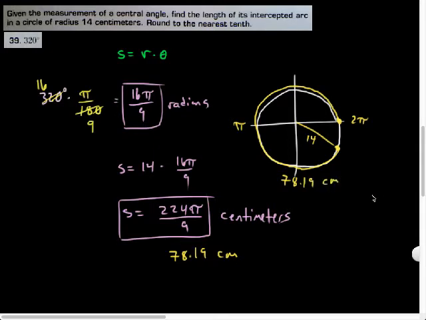So we can find the length around a portion of a circle for really any angle. In this case, our angle was 320 degrees. So this was a 40-degree reference angle, if that mattered to us, which it didn't in this case.